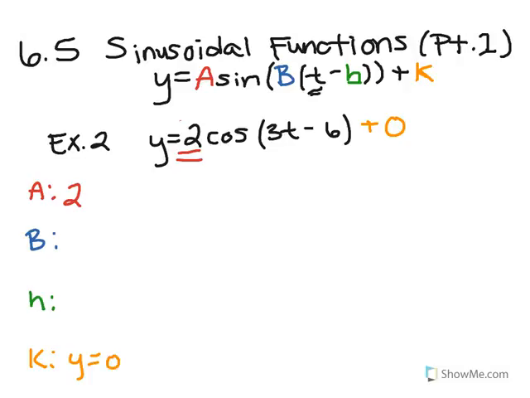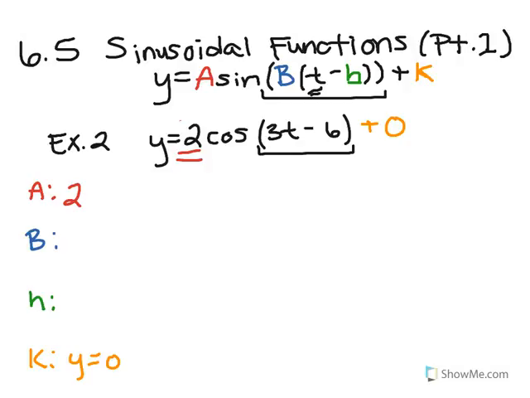Now what are b and h? Well, here's the thing. Up here at the very top, this piece right here, when you look at this, this does not look exactly like this. And that's a big problem. In order to use these rules, your equation, your function has to look identical to the formula that has the rules with it.